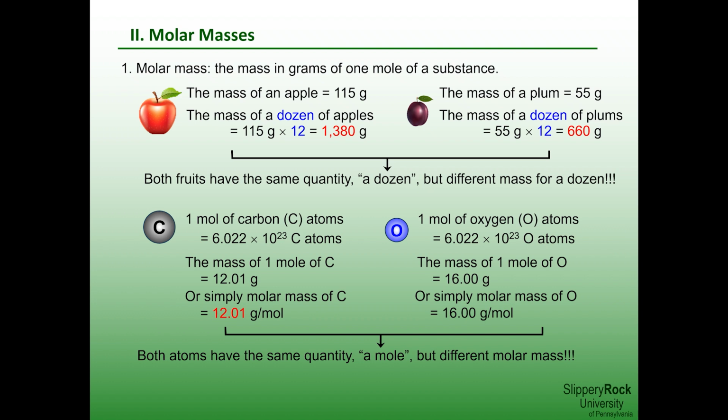Carbon atoms have a lower molar mass than oxygen atoms, just like plums are lighter than apples. In summary, a mole gives us a way to count atoms in bulk, but molar mass tells us how heavy those atoms are when we collect them in groups of Avogadro's number.